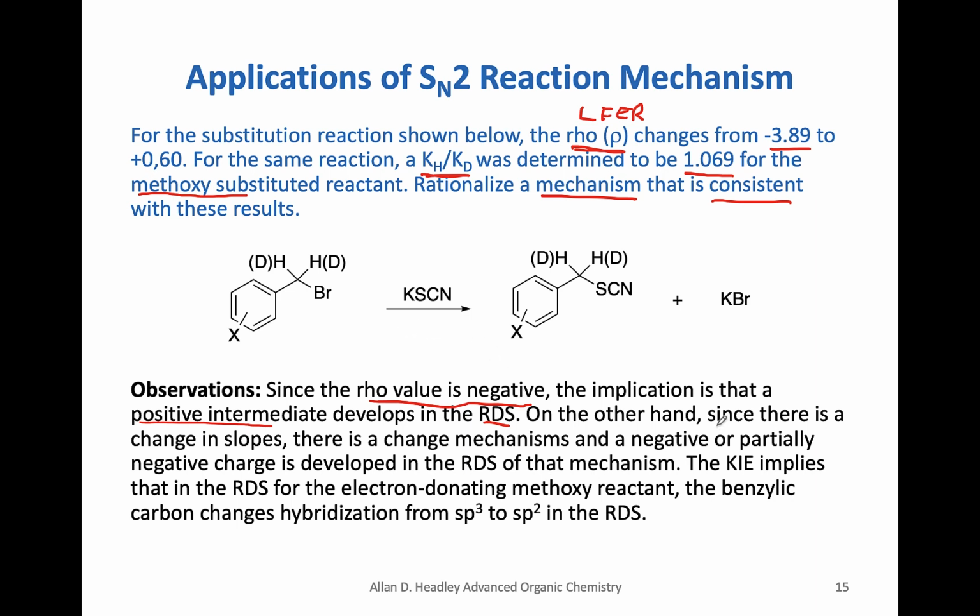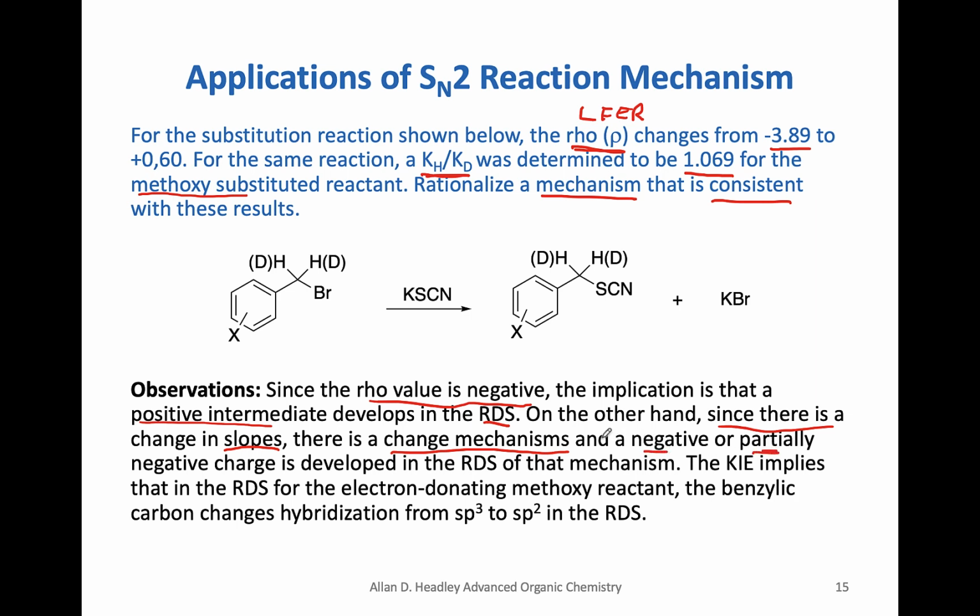On the other hand though, there's a change in slopes. If there's a change in slopes, that means that there is a change in mechanisms as a function of changes in substituents. The change goes from a negative to a positive.